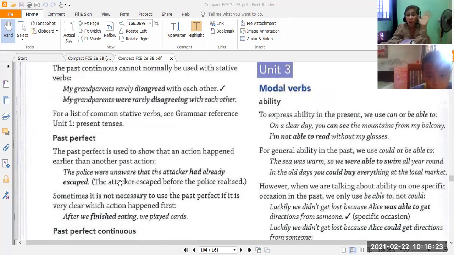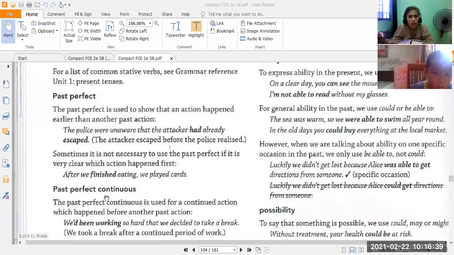The police were not aware that the attacker had already escaped. The police were unaware that the attacker had already escaped.